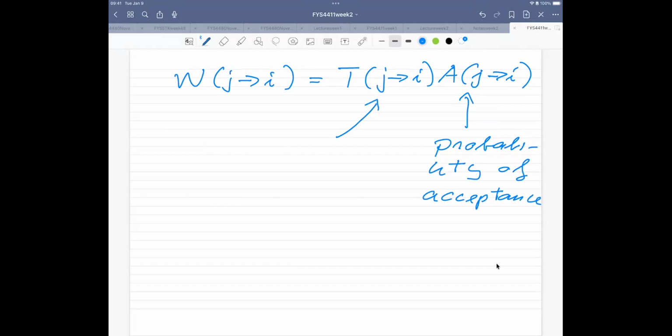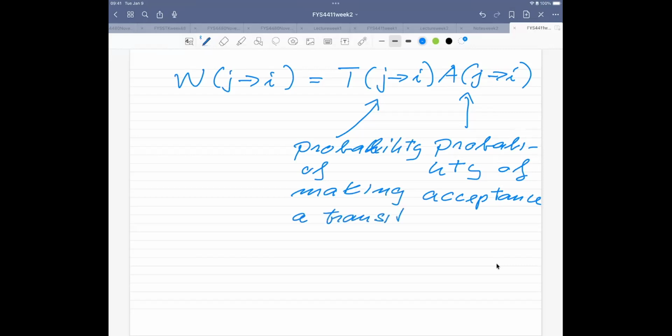So I'm just splitting my probability. And this is a probability of making a transition. And later we will look at approximations to that one.